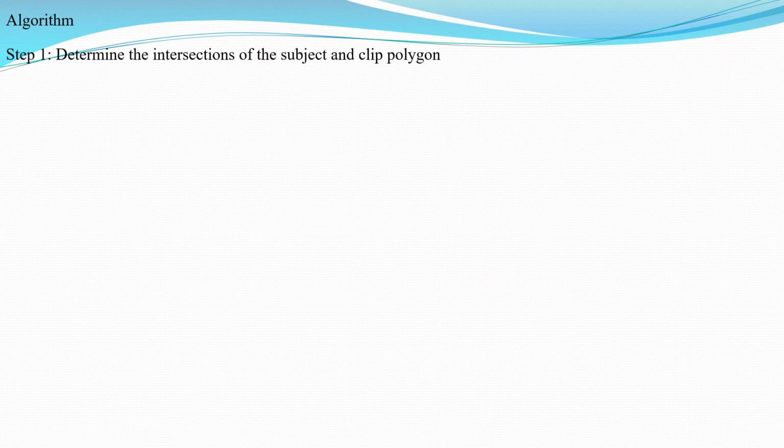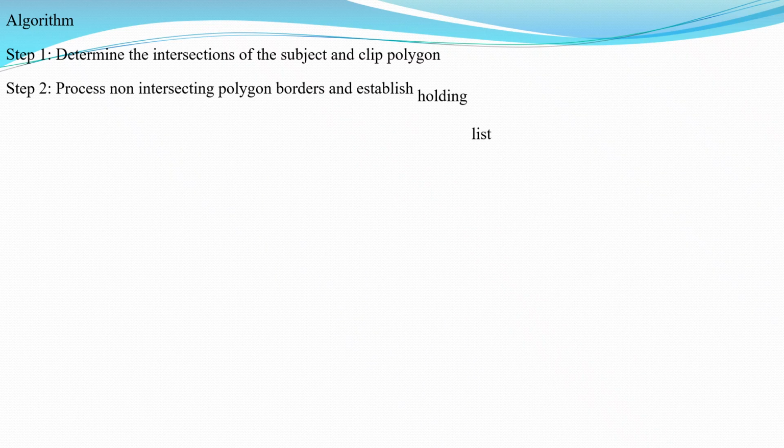The first step of the algorithm is to determine the intersections of the subject. Whatever the given polygon is, it is taken as the subject. Given the clipping window, if a line is entering, we take the intersection point.